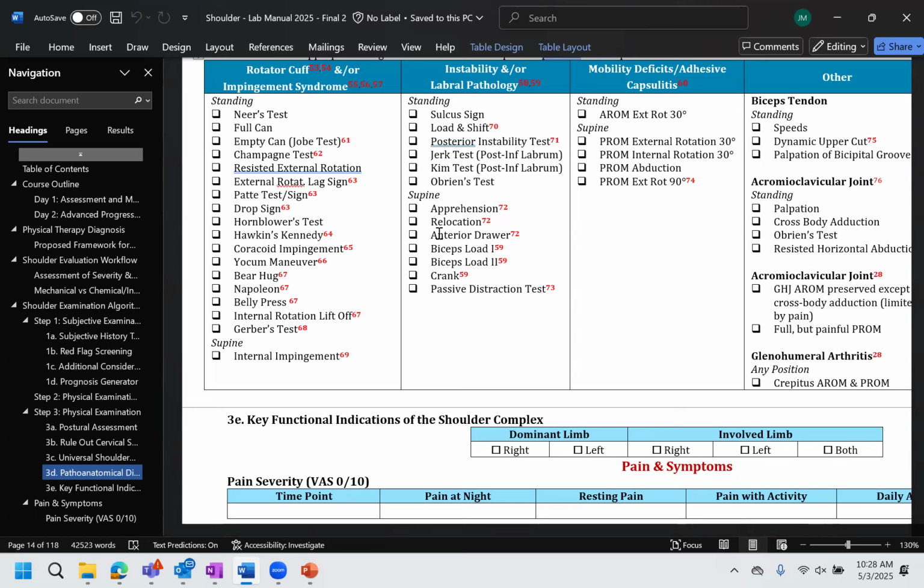Simultaneously, the flow has been organized in what I hope to be two things. One, less provocative to most provocative, so you're not irritating the tissue beforehand and getting a bunch of false positives. Additionally, in a sequential flow that makes logical sense as far as the person's motion in space.